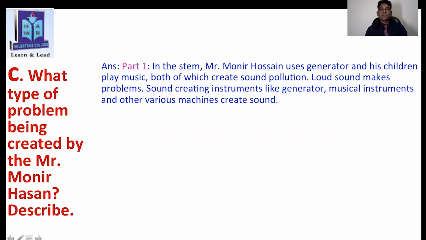In the stem, Mr. Monir Hossain used a generator and his children play music, both of which create sound pollution, isn't it? And loud sound makes problems. Sound creating instruments like generator, musical instruments, and other various machines create sound. So you know sound also pollutes our environment, isn't it?